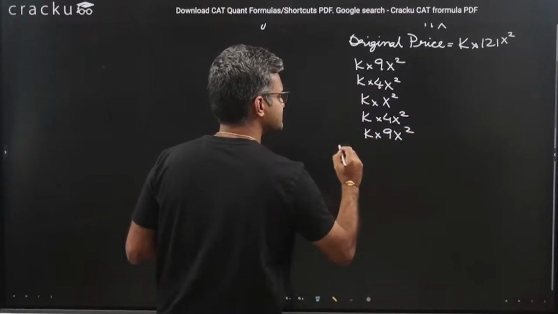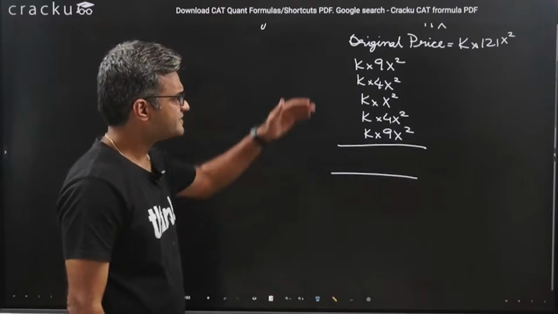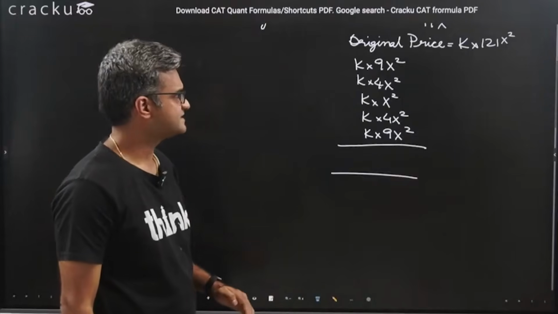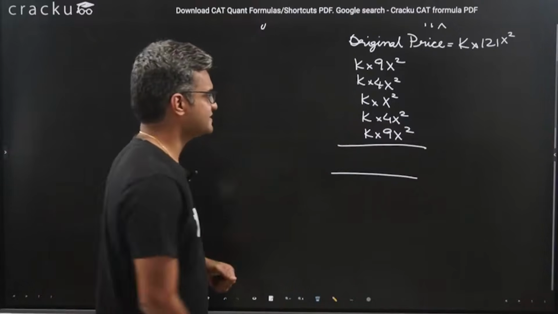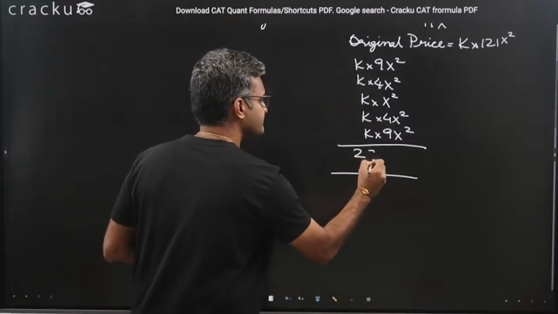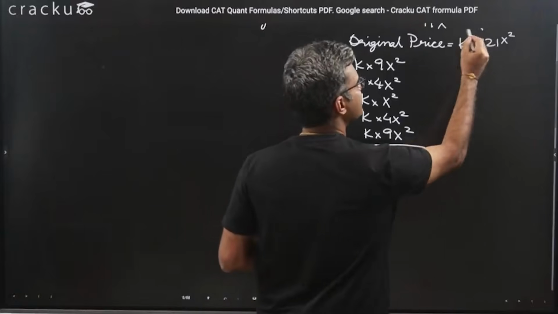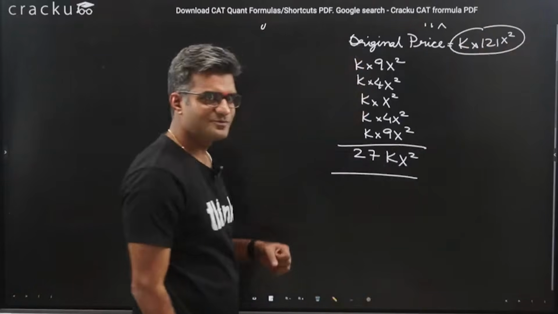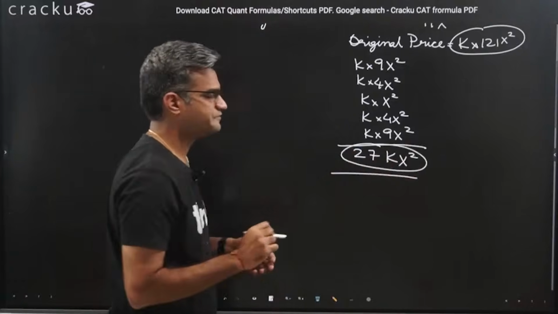So the total price of all of these 5 diamonds combined is the sum of these 5 prices. 9 plus 4 is 13, plus 4 is 17, plus 1 is 27 (sic). So this is 27 kx square. The original diamond was worth 121 kx square. Then it broke into 5 pieces and this is the total sum of the price of the 5 diamonds.